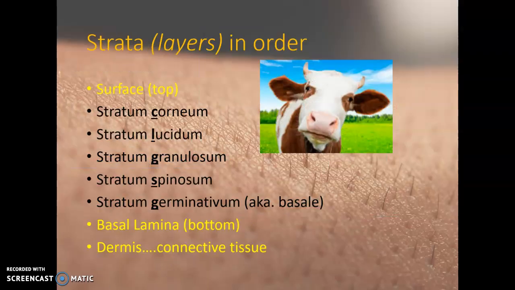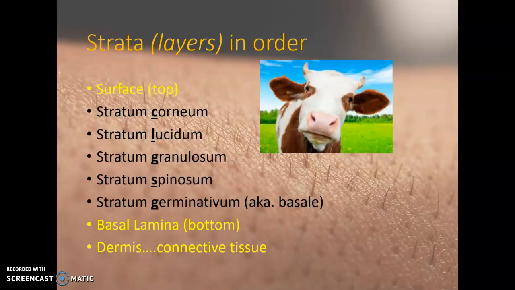So a couple of things you need to know, and a little saying I have for remembering the layers or strata of the skin. The top of the skin, as if someone were to poke a needle into your skin from top to bottom. The surface at the top. Right after that, it's cows like grass so green, the acronym to help us remember that. A student came up with that a couple years ago.